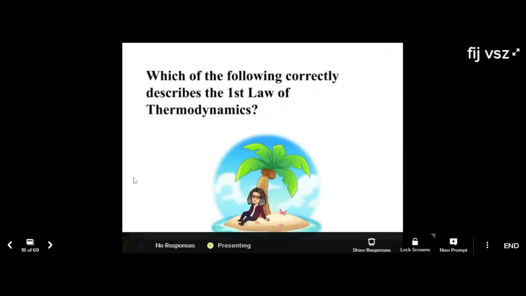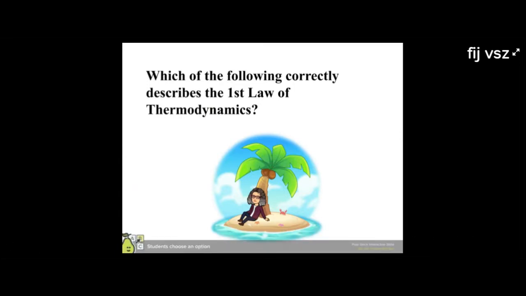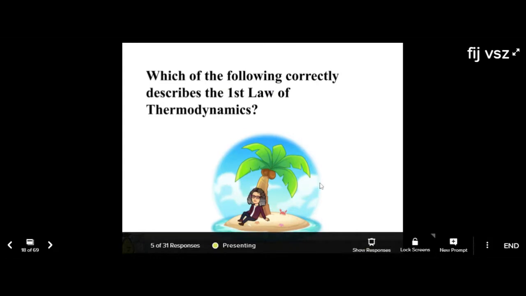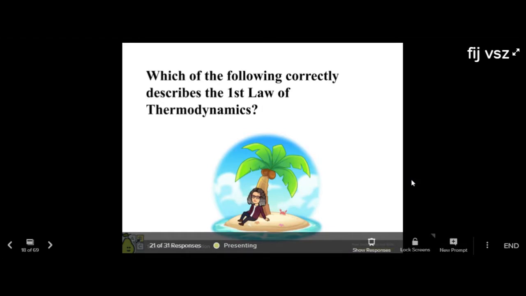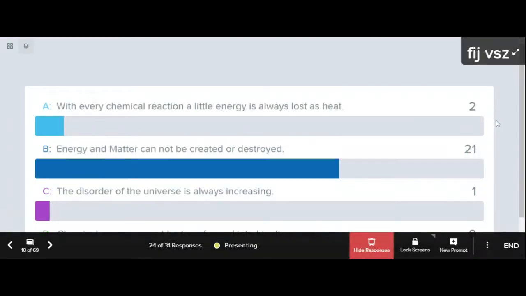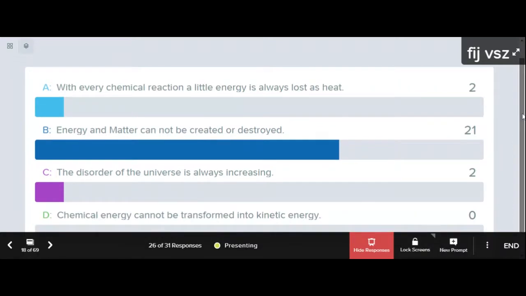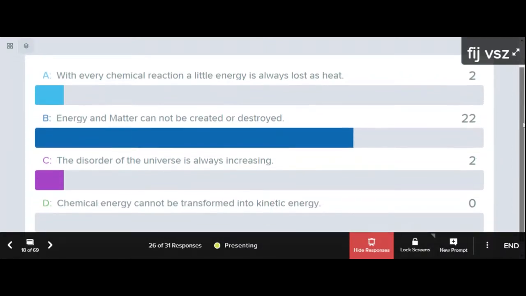Okay, so here's up to you. Which of the following correctly describes the first law of thermodynamics? Okay.